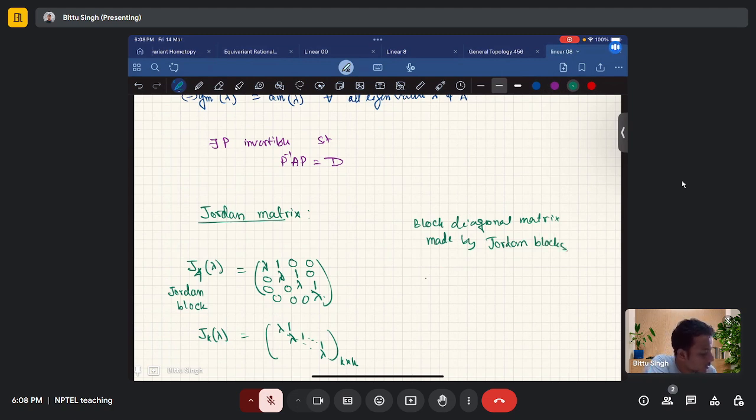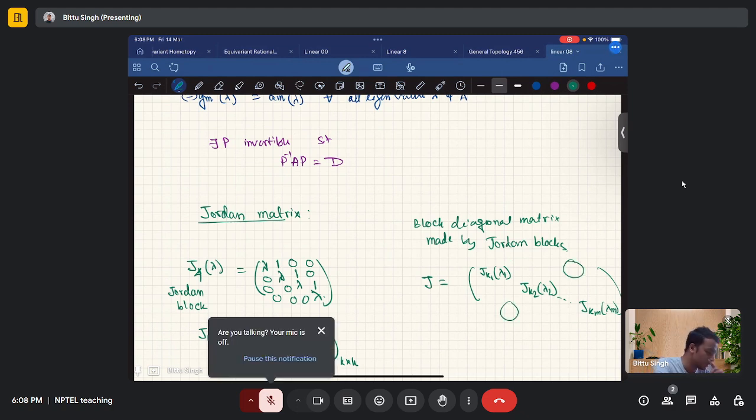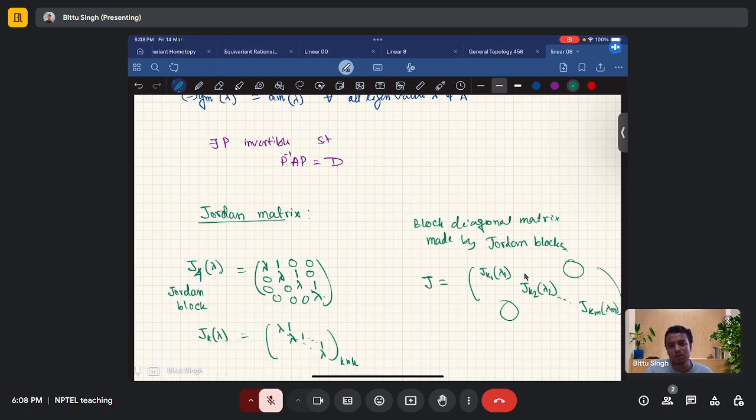Let us denote it by J. J will take the form: there will be a block J_k1 of lambda 1, and another block J_k2 of lambda 2, and so on up to J_km of lambda m. Those kinds of blocks appear, and everything else is 0. Matrices of this type are called Jordan matrices.